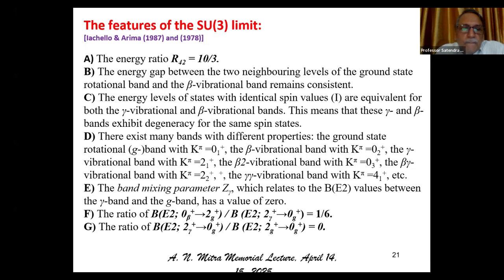Branching ratios: the B(E2) ratio from 0 beta to 2 gamma to 0 ground is 1/6, while the B(E2) ratio for 2 gamma to 0 ground is 0. These are the typical features of the SU3 limit. Next slide, please.